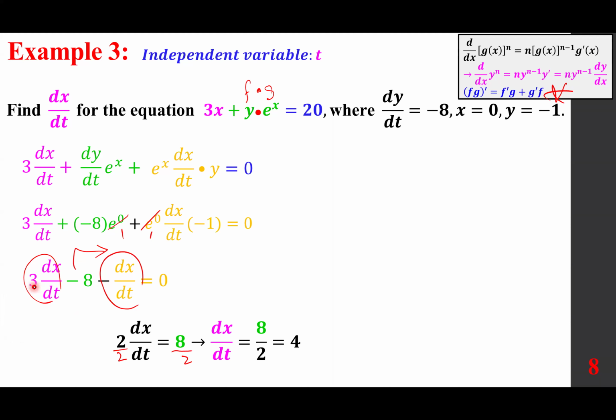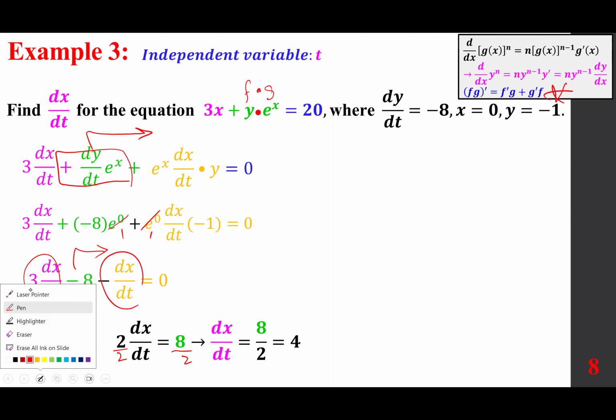Now, the second method is to solve for dx/dt, which means we're going to keep this, and then move this to the right and make it negative.